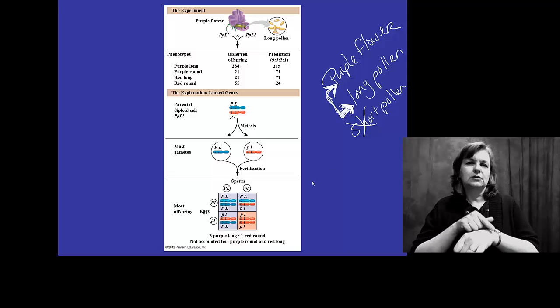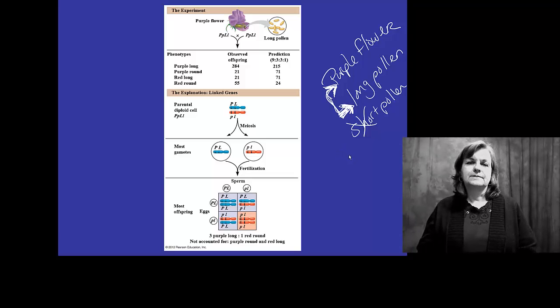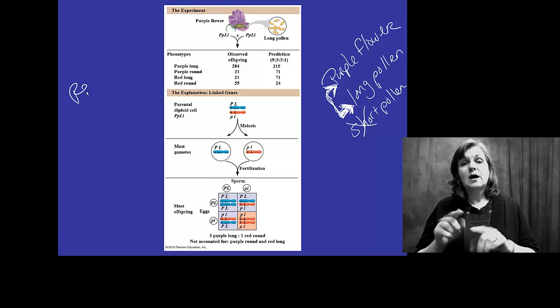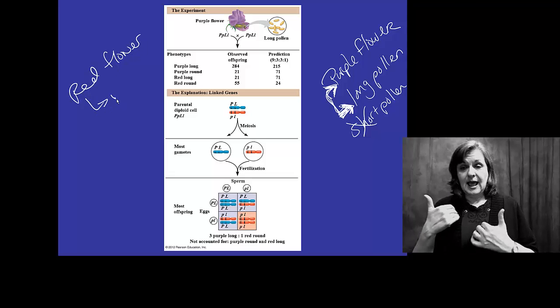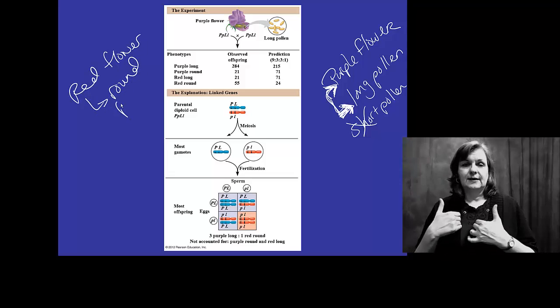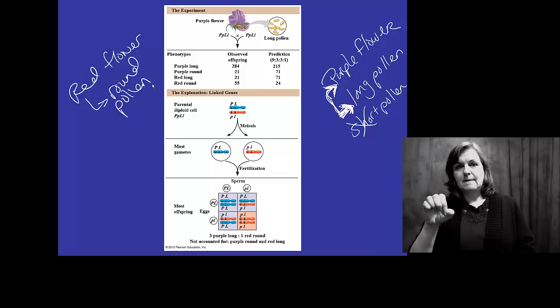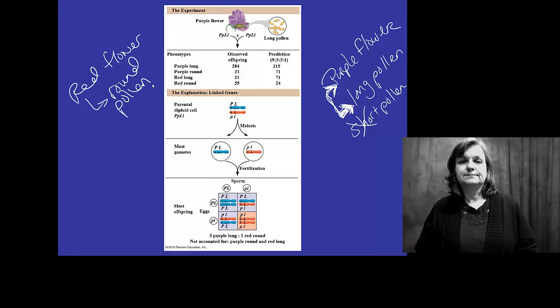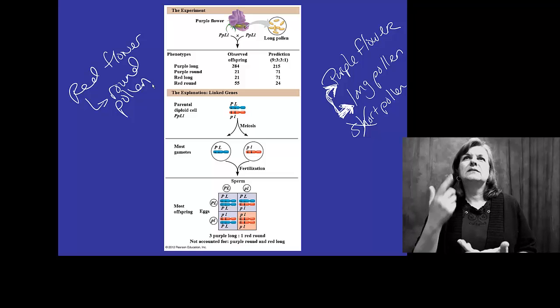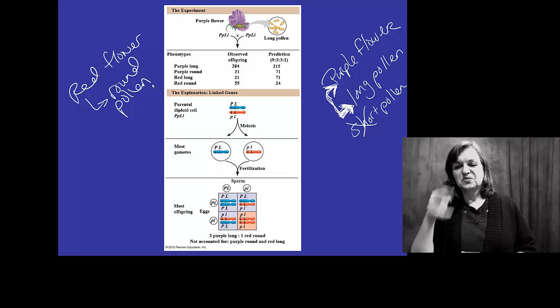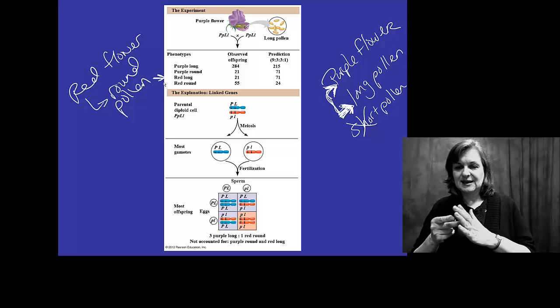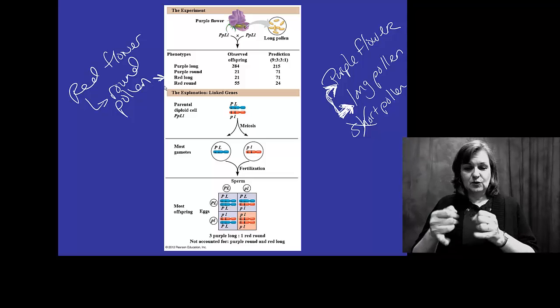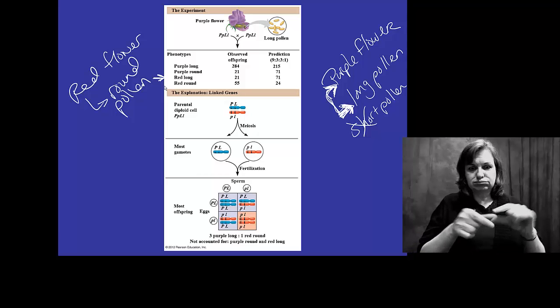And conversely, in this case, am I going to have a red flower that always has round pollen? Now, you might say, okay, well, if I'm a red flower and that means I have round pollen, that means that these individuals that are red with long pollen can't actually exist. So that's what I want to think about.